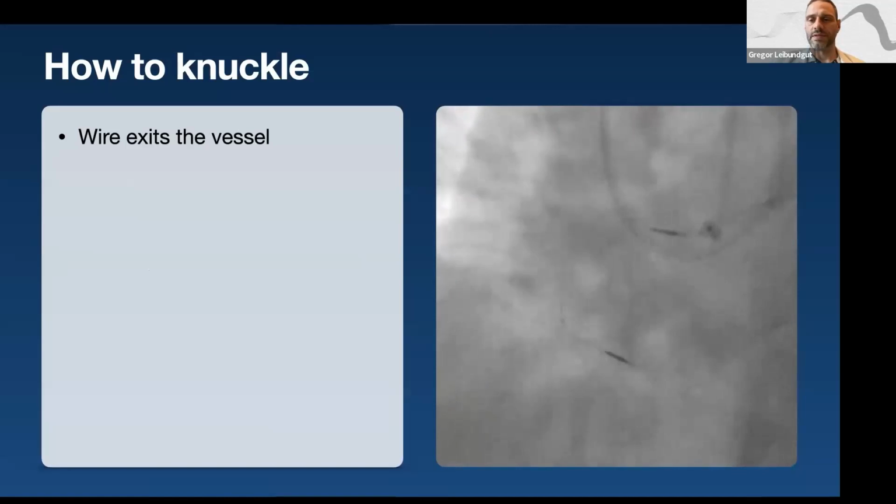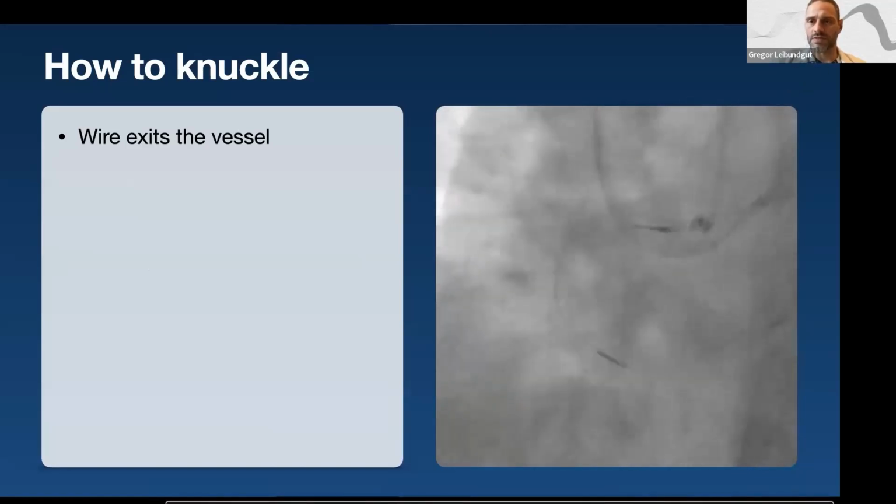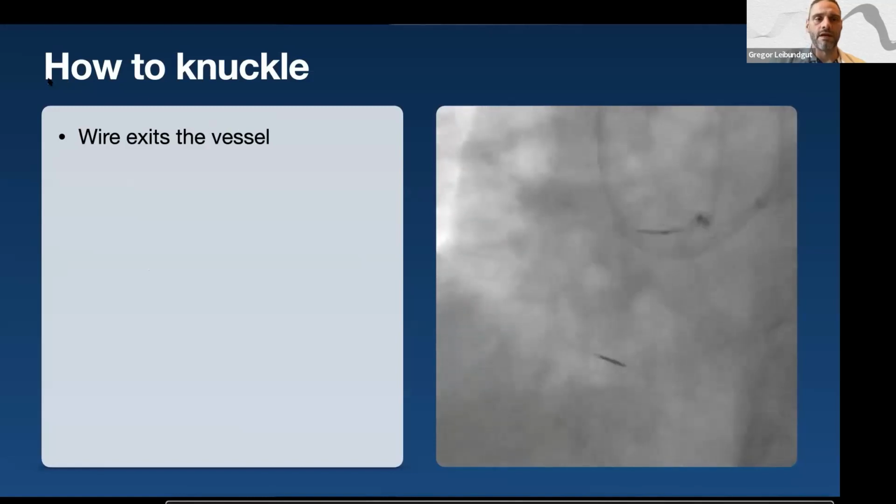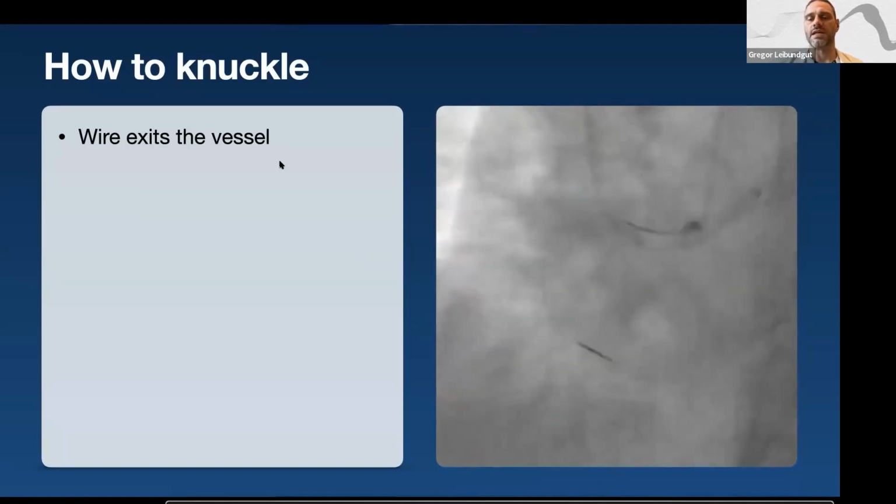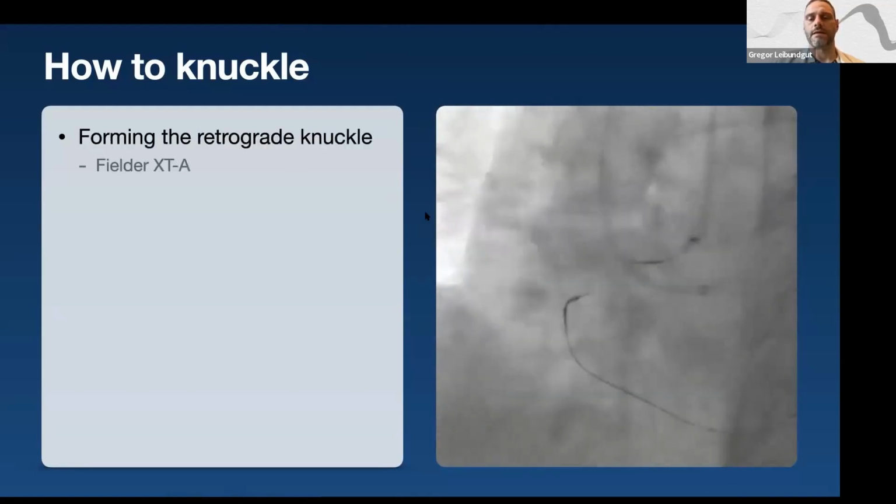This is an example from a case that I did. Back then I was also using Fielder XT for knuckling. You can see we passed already retrograde and we were in the distal RCA with the microcatheter and the Fielder from the retrograde. And here you can see the Fielder forming the knuckle.